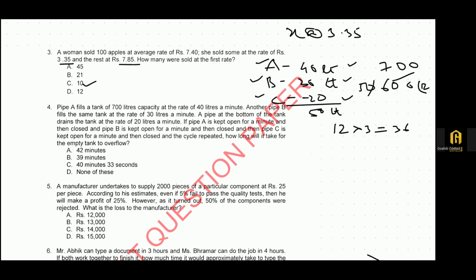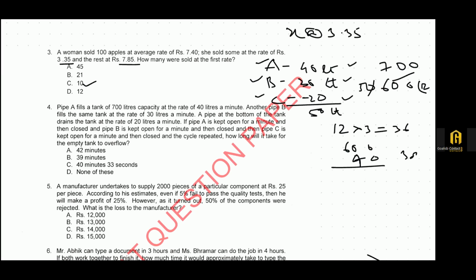Now what will happen in the 37th minute? In the 37th minute, the amount of water will be 600 plus 40, the amount of water filled, so it will become 640. Again, in the 38th minute, 30 more liters will fill in, and it will become 670.